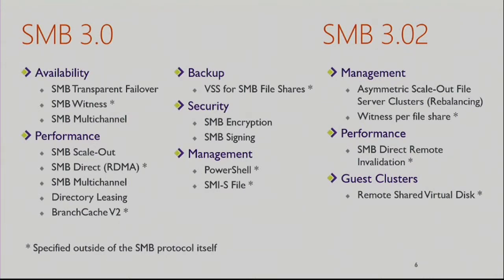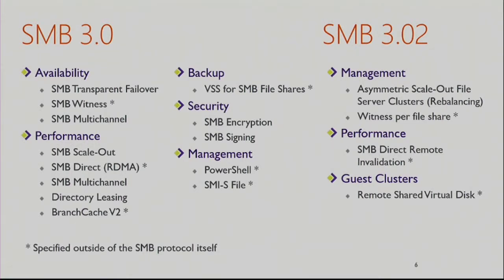And one of the things here in regards to rebalancing: we had an issue that when you had scale-out in the 3.0 version of it, we could actually land on any node of the cluster, and we didn't do anything automatic to share the load across the machines.